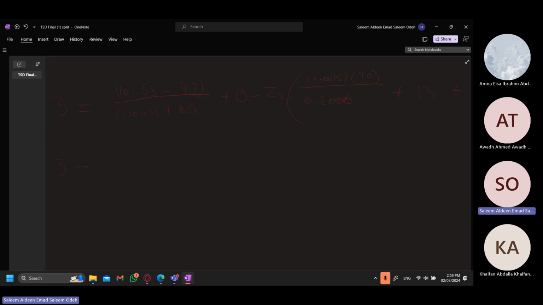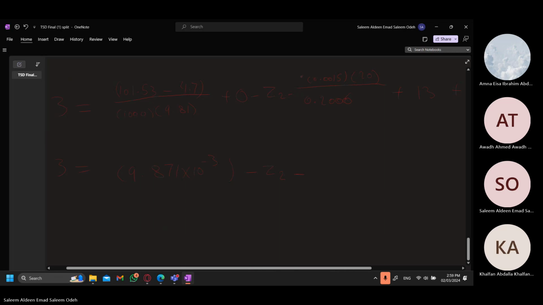So we have 3 multiplied with 9.871 times 10 to the power of negative 3, minus Z2, minus, sorry, I forgot to write the minus here. There's a minus here.